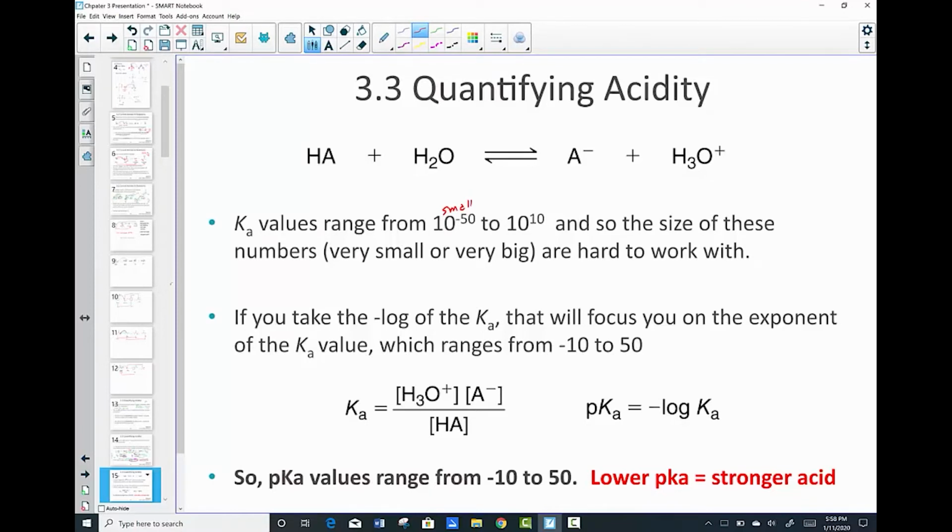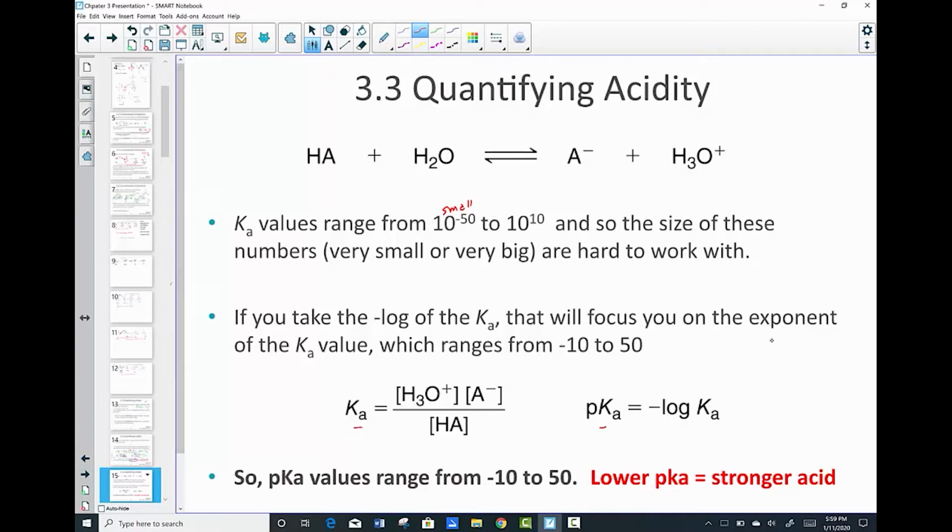So we prefer to use a pKa scale instead of just the Ka value itself. Now remember, P is just a mathematical term. It means negative log. If I have a pH, for example, I take the negative log of the hydrogen ion. If I have a pOH, I take the negative log of the hydroxide ion. That's just what P means.